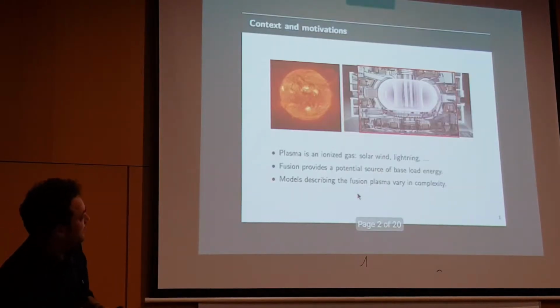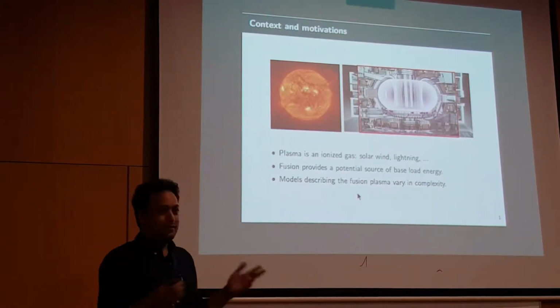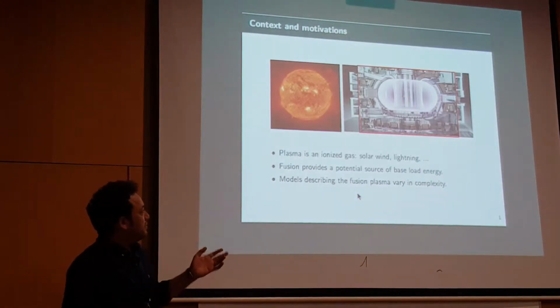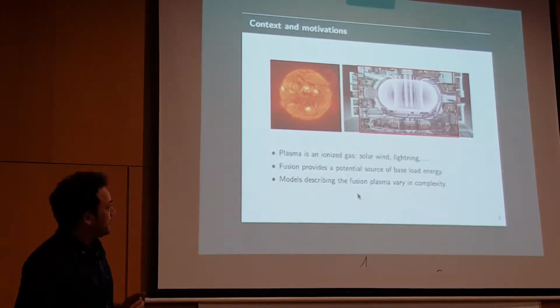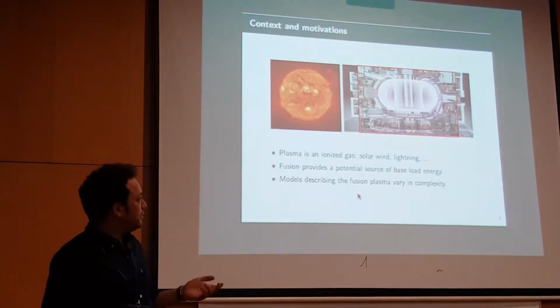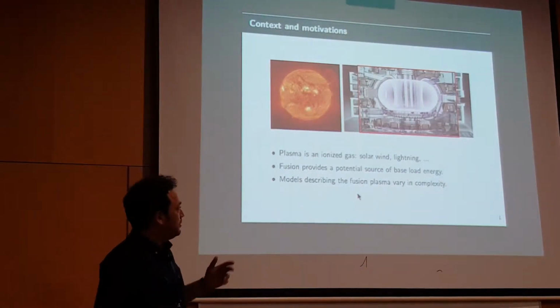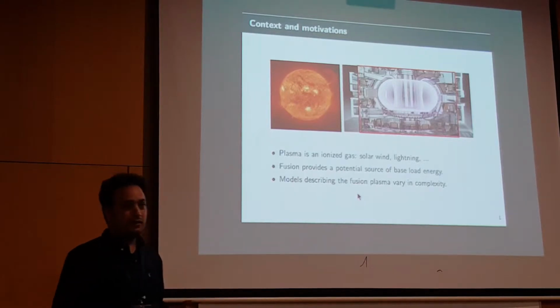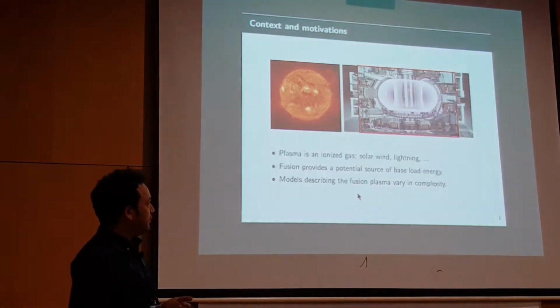So for the plasma, it's an ionized gas. It's now known as the fourth state of matter. You can find it in solar wind and lightning and other phenomena.